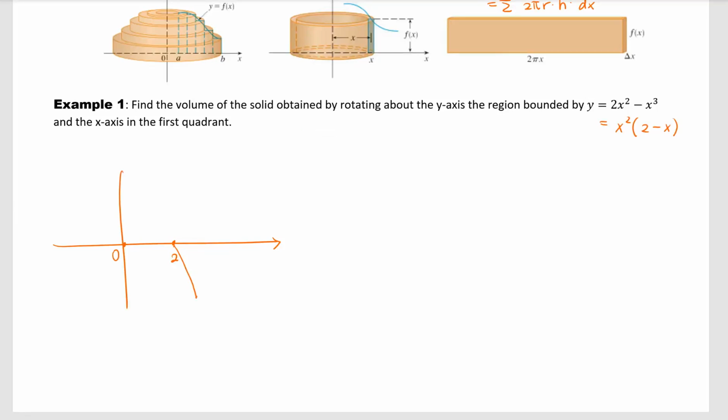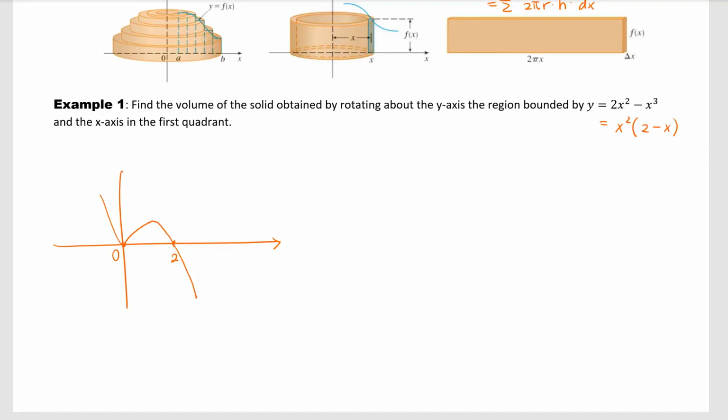In this region we can plug in 1, then 2 minus 1 is 1, so it is like this. And when we plug in negative 1, negative 1 squared is 1, so 2, but negative 1 cubed is negative 1, so 2 plus 1 is actually 3. So this is the picture. It roughly looks like this.